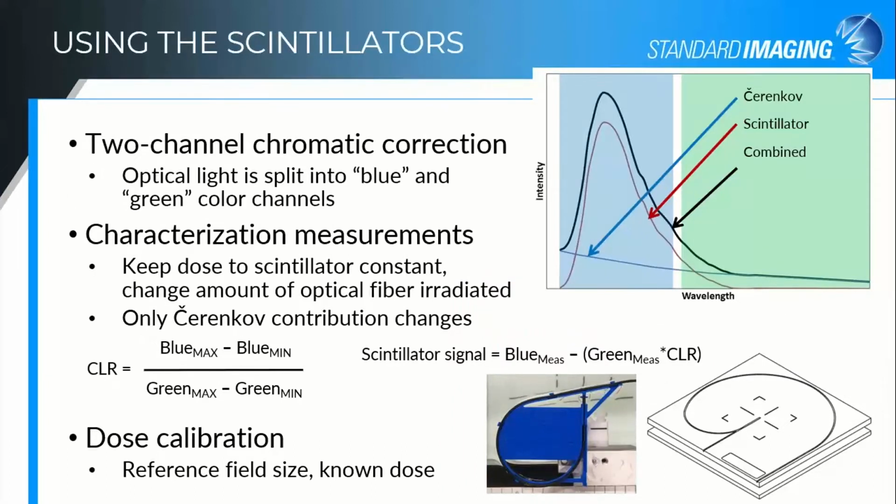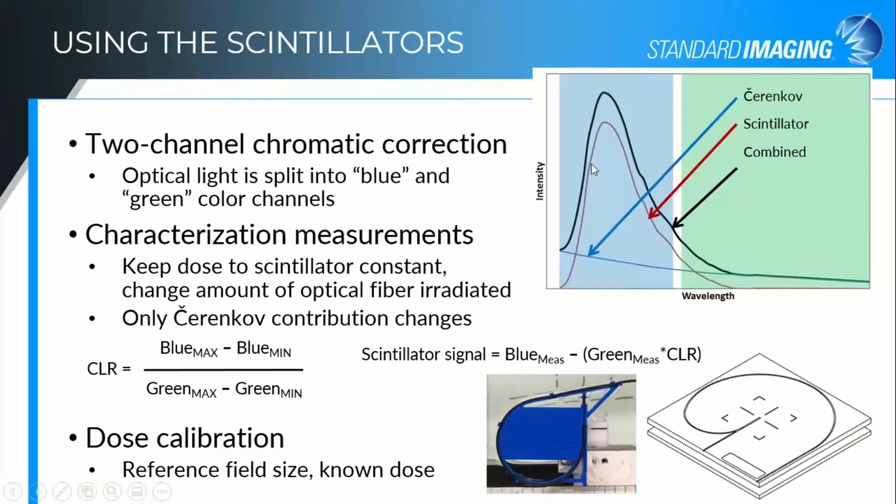The method that we use for the Cherenkov correction is a 2-channel chromatic correction. I apparently forgot to put the publication up here, but it's from Matthew Bouillot et al. in Medical Physics that defines this 2-channel chromatic correction. In essence, we're splitting the light into 2 sections, what we call the blue portion of the spectrum and one we call the green portion.